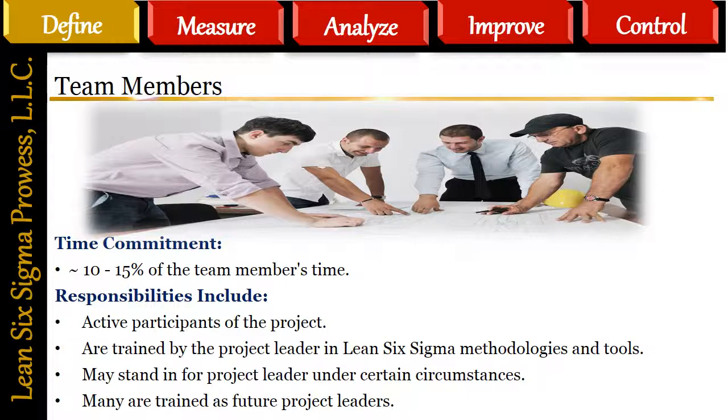Examples of people classified under additional resources are: operators who assist in the data collection only, safety, health, and environmental technicians who may be brought in to answer certain questions, vendors who may be brought in to install new equipment, etc. Typically, if they are not actively engaged during the entire length of the project, they are not considered core team members.